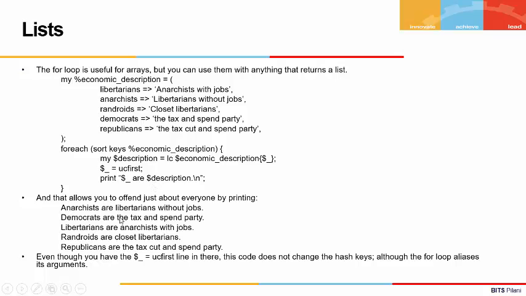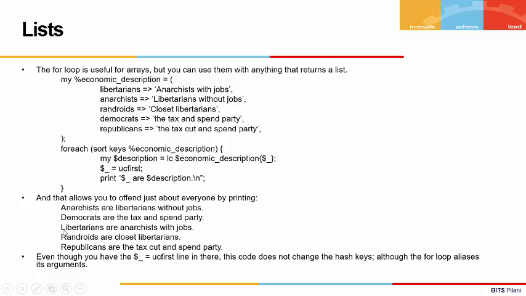After this, the output looks like this. As we have discussed in hashing, the order will differ. We need not worry about the order. For example, it is printed in this order. As we can see here, libertarians, anarchists with the jobs, on the third line.